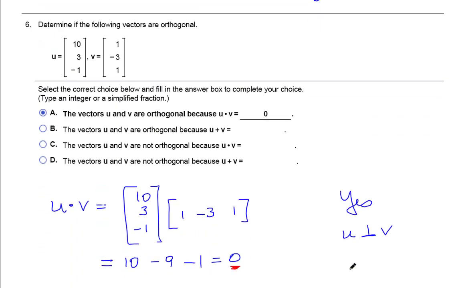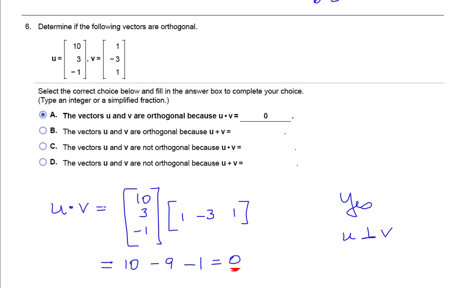Alright, what about question 6 here? Same deal, let's take the dot product of these two vectors and see. 10 times 1 is 10. I got a minus 9, minus 1. So yes, the dot product is 0. So the two vectors are orthogonal, or another way, they are perpendicular.